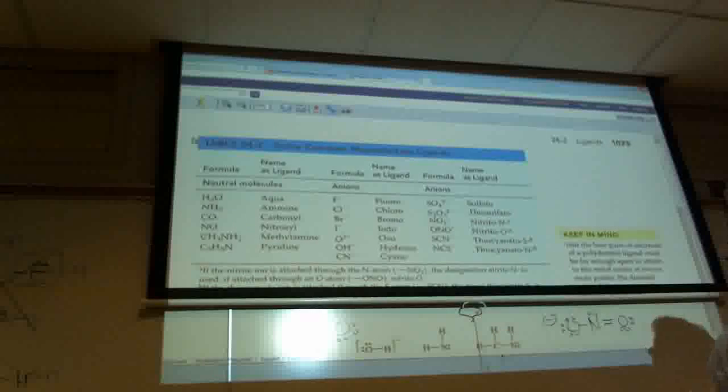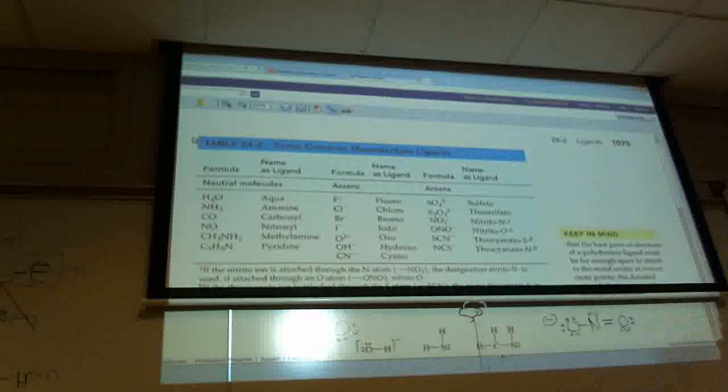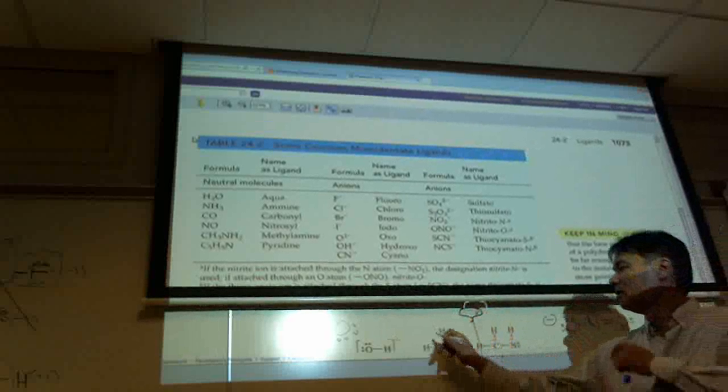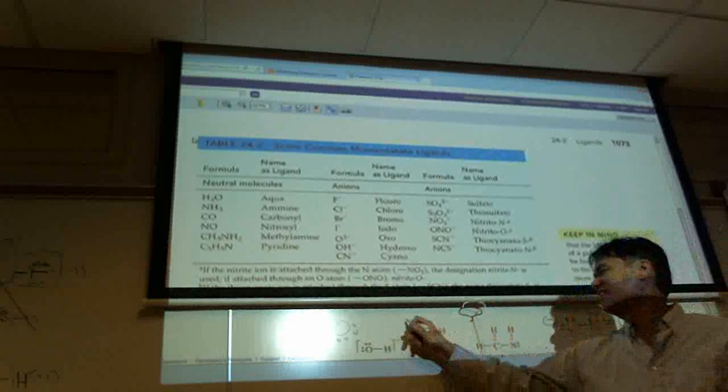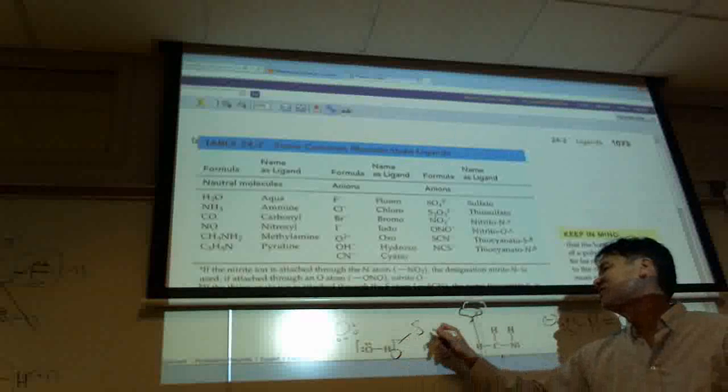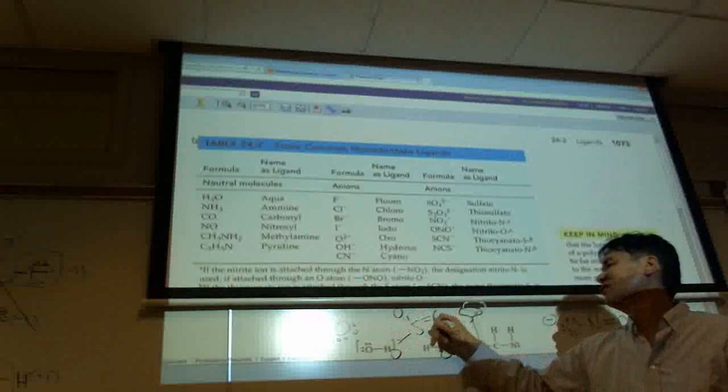Sulfato. Is that a monodentate or bidentate? Sulfate, if we look at sulfate, sulfate's tetrahedral like this.